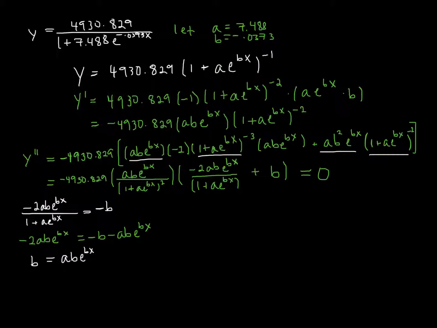I think that makes most sense, because then I'll have my e to the bx isolated. And of course, once I do that, I can cancel. b over b is going to be 1. So I'm left with 1 over a equals e to the bx.